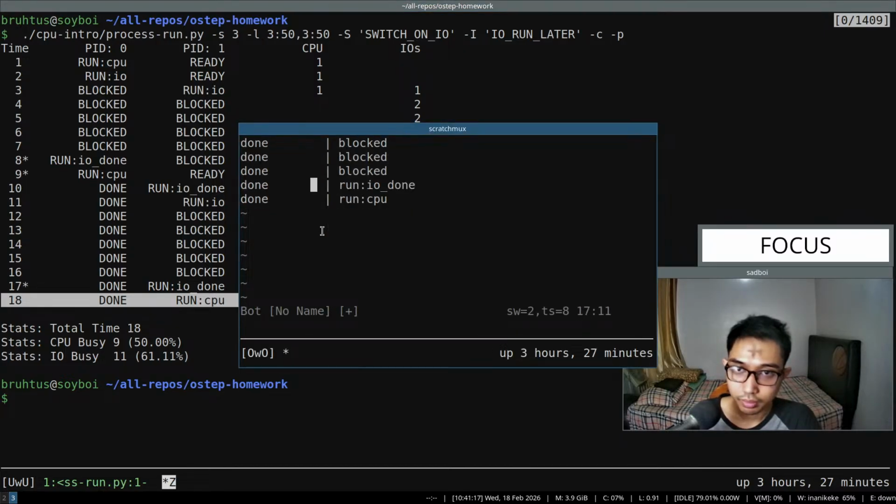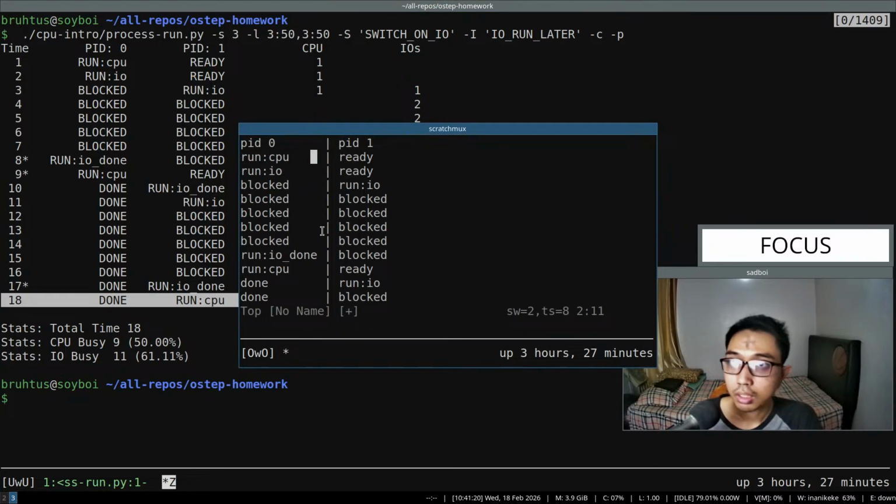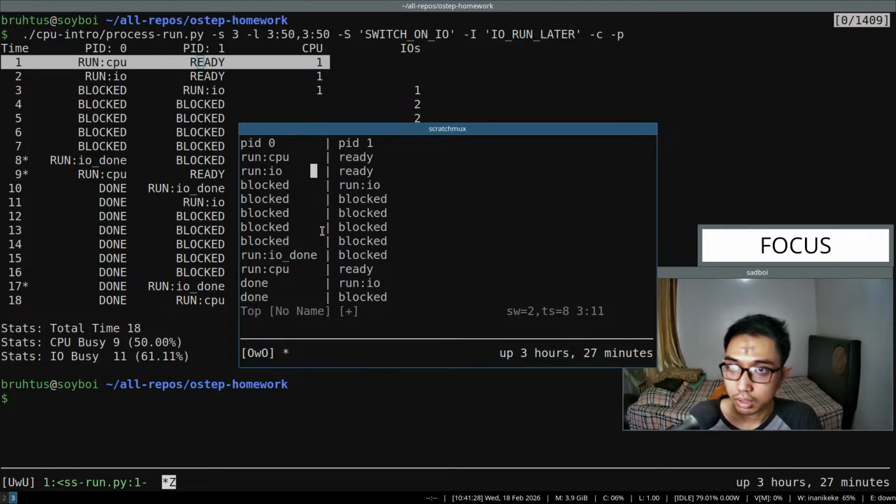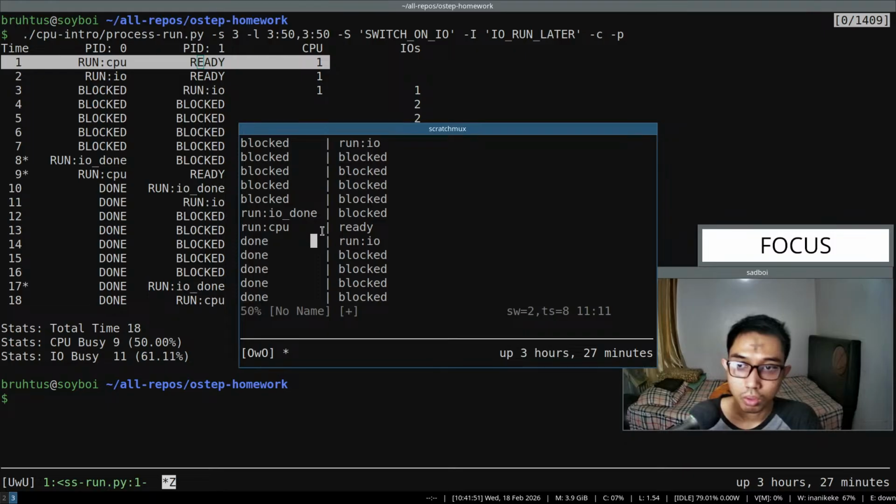Okay. Okay, let's check. Run CPU ready. Run input output ready. And then block, run input output. Okay. Block. Okay. Run input output done. Run CPU and then ready. Oh. Okay, interesting.